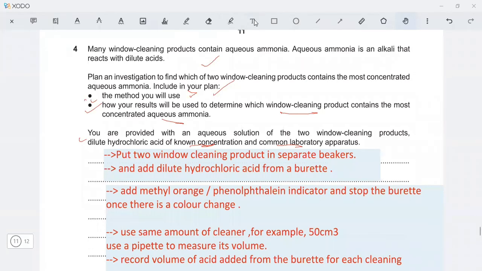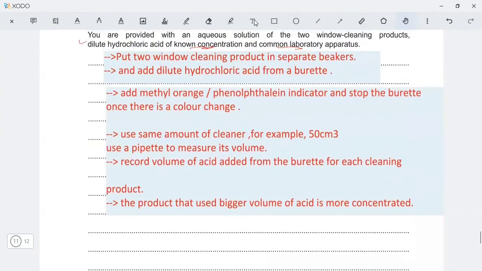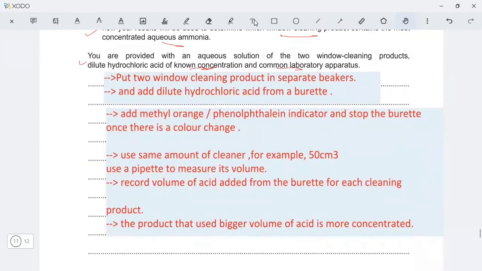And moreover, I'll tell you that it's going to be a 6 mark question. So make sure you write about 8 to 9 points, so that if one or two answers are not part of the marking scheme, you may not lose the marks. So always remember, while writing these 6 mark questions, try to include about 8 to 9 points.